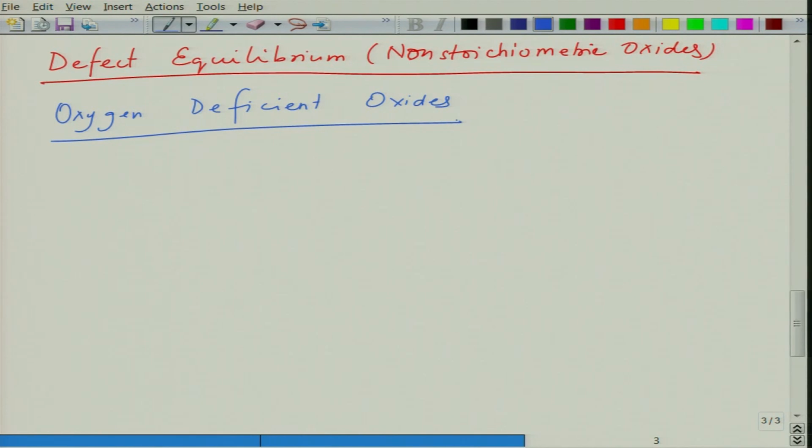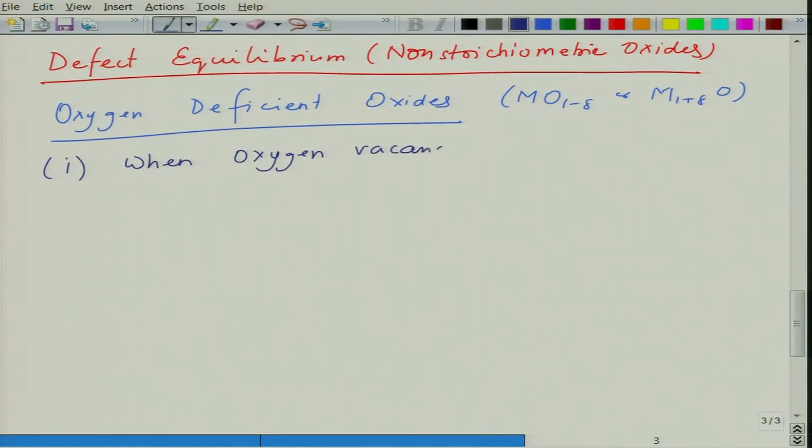Basically it is a case of either MO1 minus delta or M1 plus delta O. So, let us say the first case, which is when oxygen vacancies are the dominant defects.